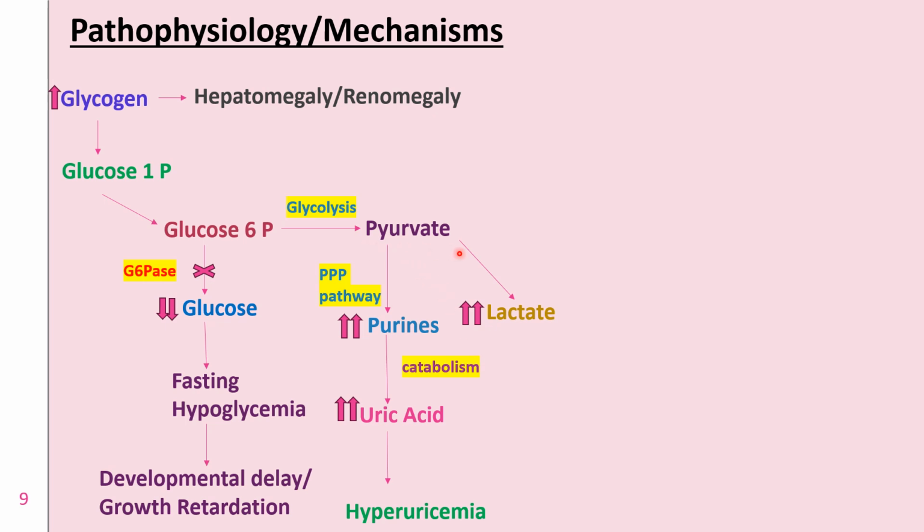Also, this pyruvate in the presence of the enzyme lactate dehydrogenase gets converted to lactate, leading to lactic acidosis, which produces the symptoms of acidosis like deep breathing, hyperventilation, etc. This increased lactate level is also one of the reasons for hyperuricemia, because lactate competes with the excretion of uric acid and decreases uric acid excretion, thereby increasing its levels in the blood, which leads again to hyperuricemia.